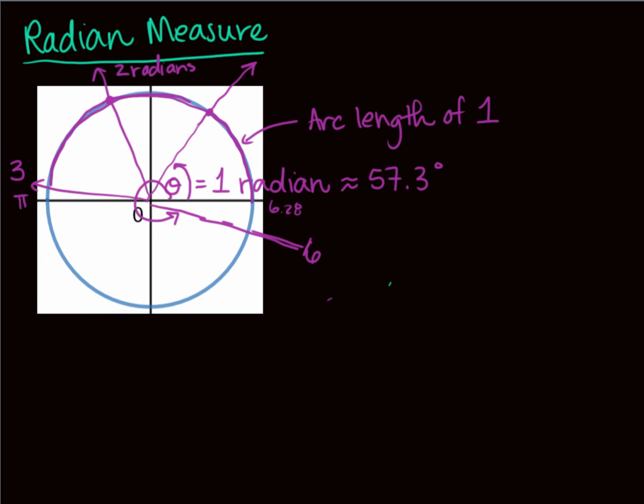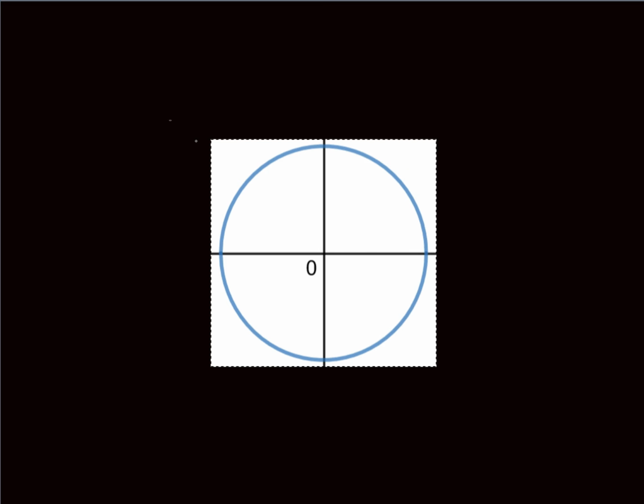So there are some important relationships between radians and degrees. Let me paste that again in here, and let's talk about that a little bit better now that I have a circle. When we talk about radians, I'm going to put the angle, and then we'll talk about the radians also.